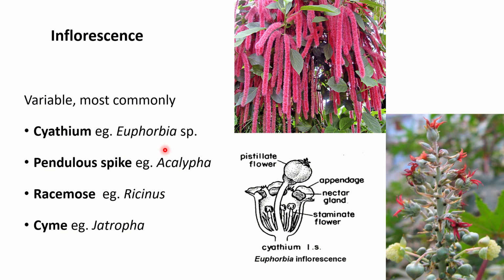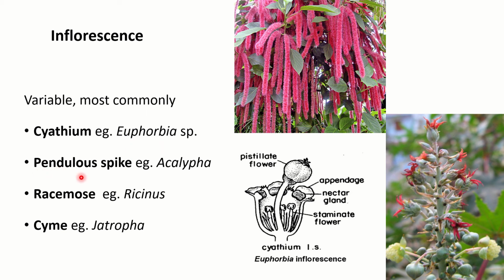I'm not getting into the detailed explanation of the types of inflorescence over here. For your reference, if you want, you can look back to your previous year's lesson to once go through these types of inflorescence. Okay. You find cyathium over here, which is found in Euphorbia species.